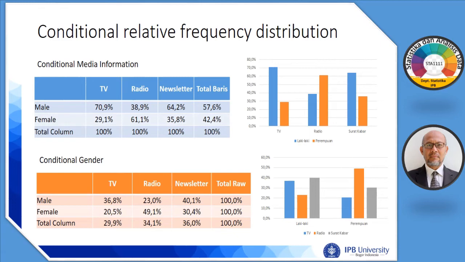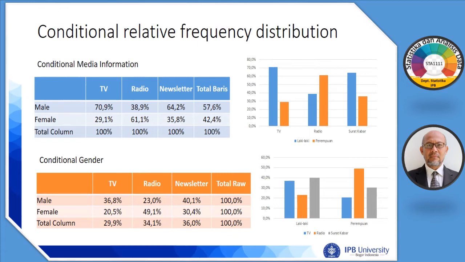For the first column, from the total respondents who get the information from television, 70.9% is male and 29.1% is female.